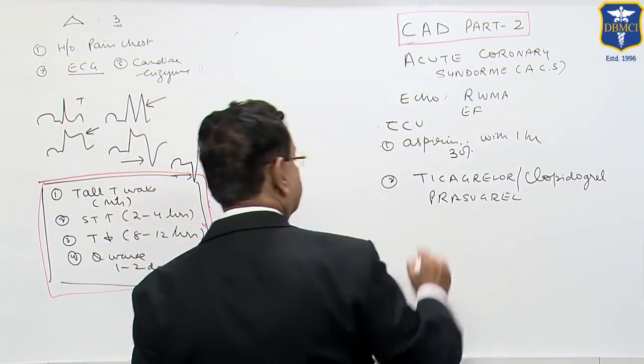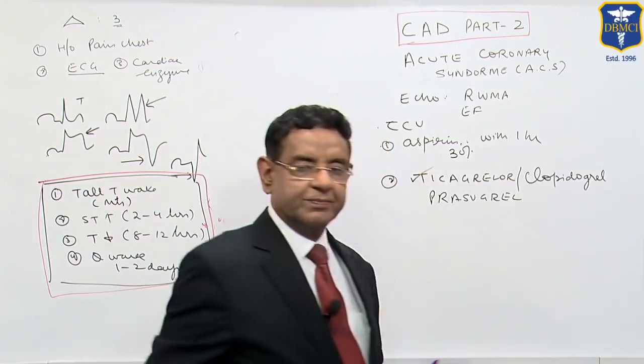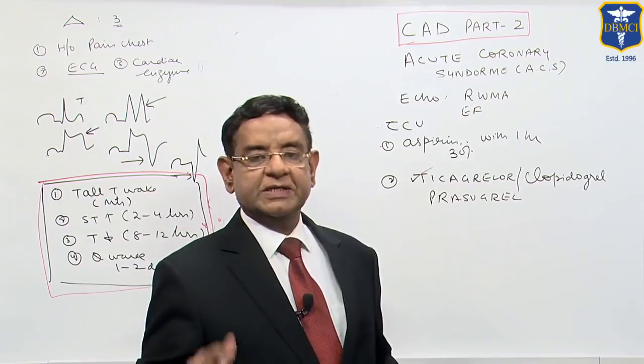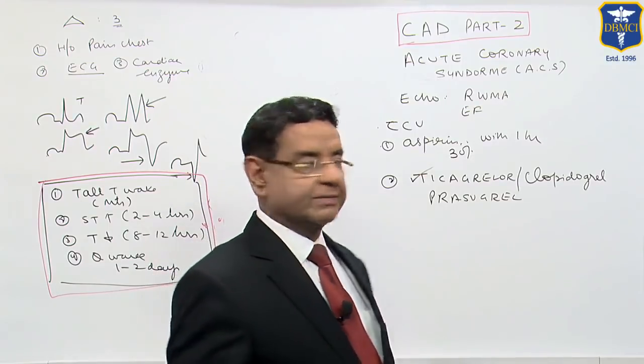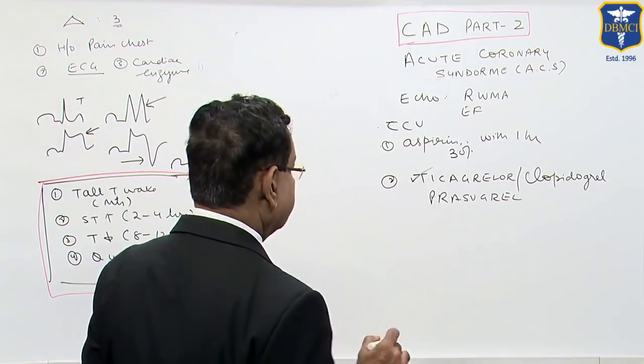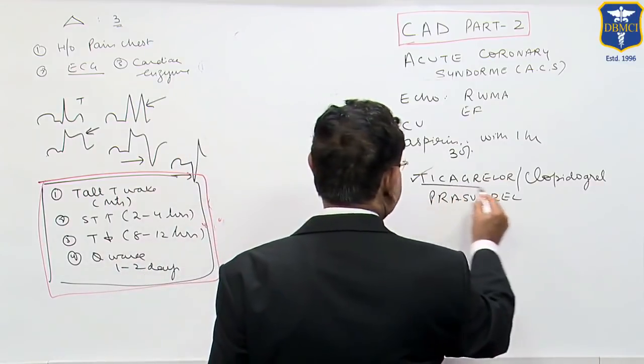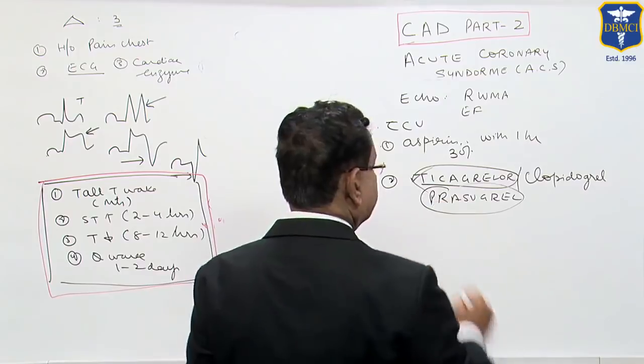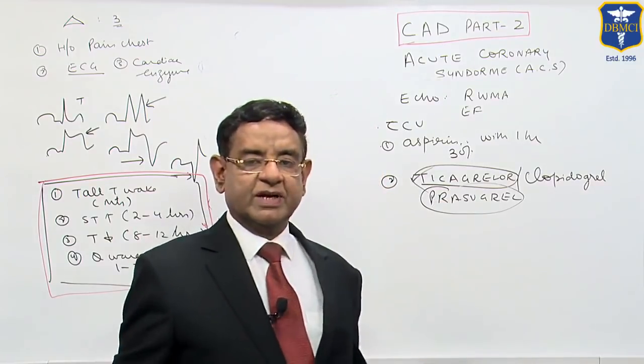Okay. This is a preferred drug. So 2 antiplatelet drugs should be given, especially if the patient is diabetic, and especially if you are planning for a stent later on, then you can even add prasugrel also. Either drug we can give.